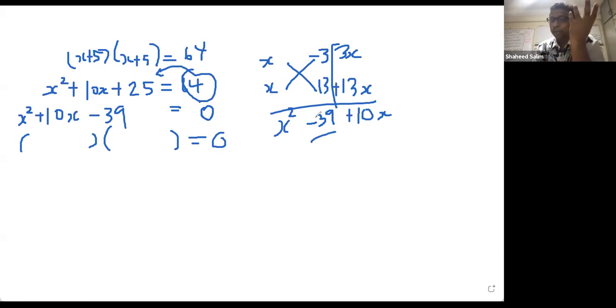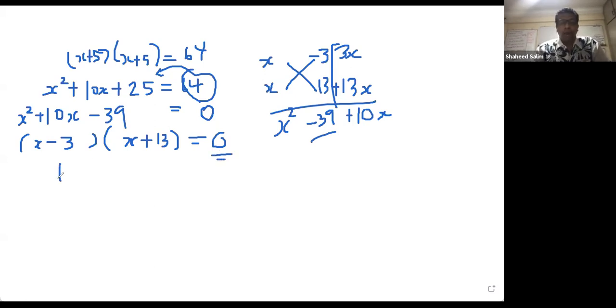Can you see how I'm doing it? So now, what is the factorized version? x minus 3, x plus 13. Can you see now? Like that. So now, in order for something to be 0, let's say I have 1 times what equals 0? It has to be 0.